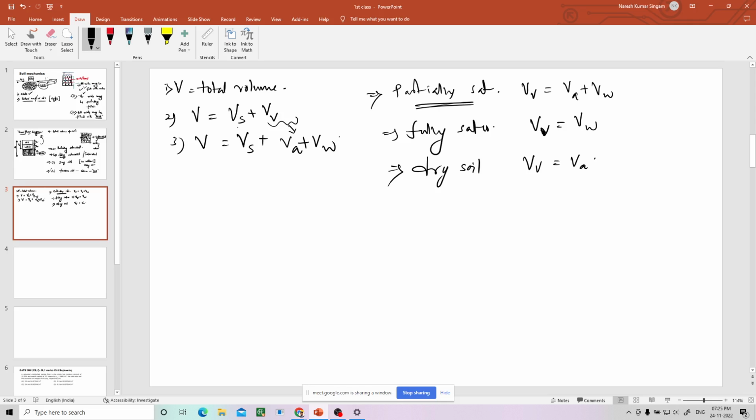Vs means solids, it's not soil. Just V means total soil. Vv is voids, Va is volume of air, Vw is volume of water. So we'll learn some parameters and terminology you should be aware of.